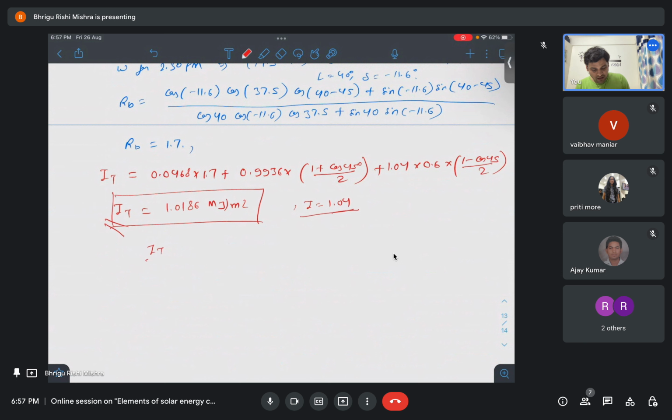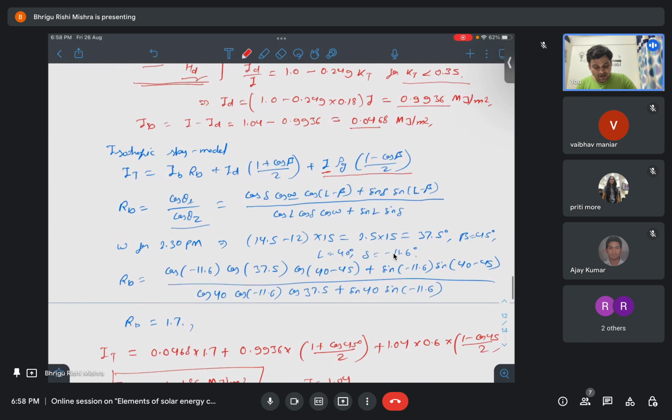So if you calculate IT by I, 1.0186 divided by 1.04, it is around 0.979, or I can say 98%. So only 2% loss, and 98% of the horizontal radiation is received by the tilted surface collector.